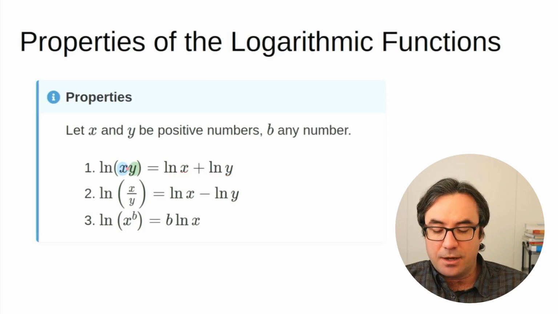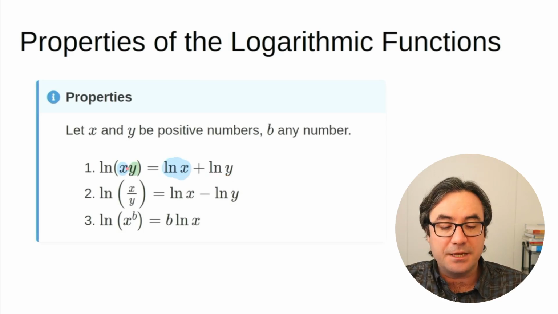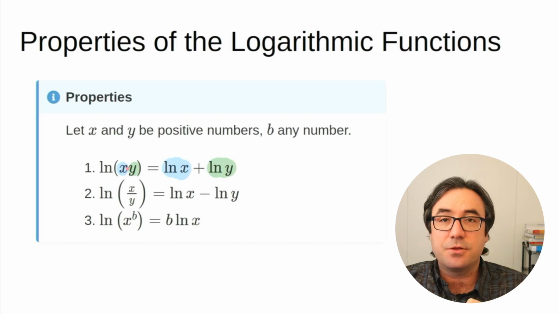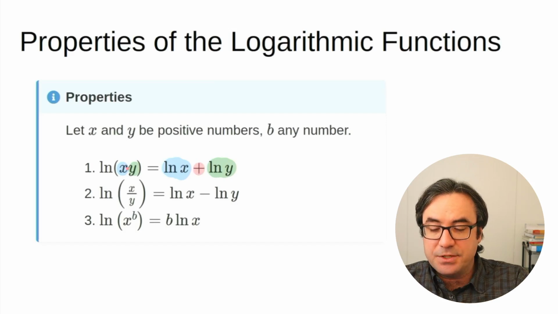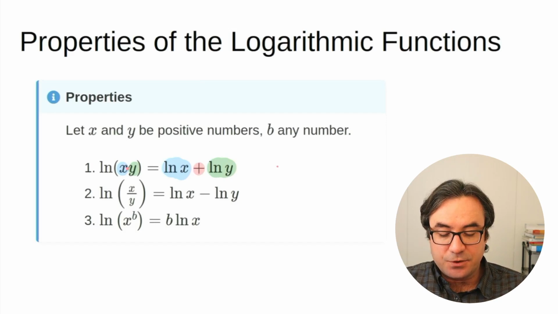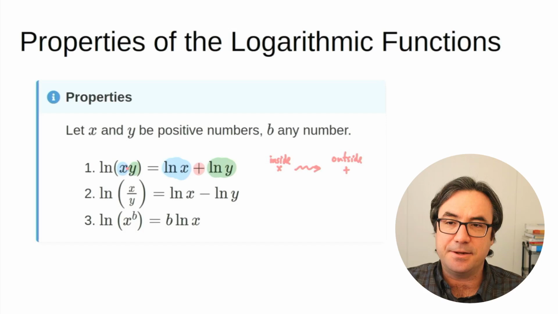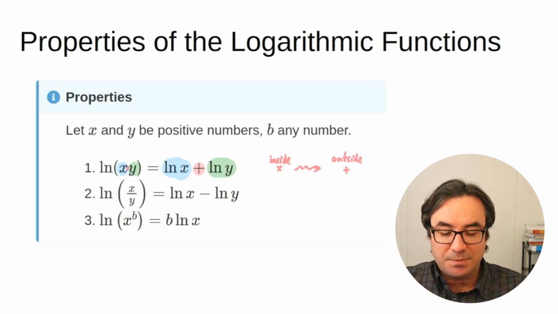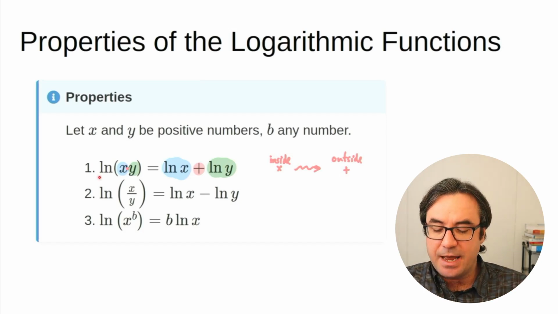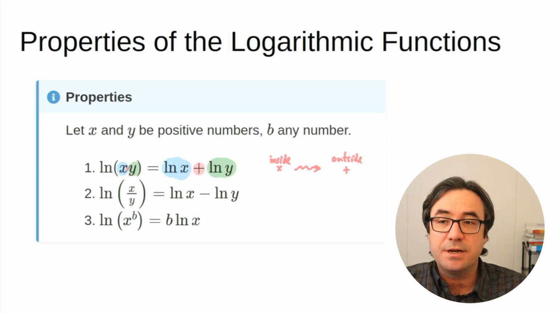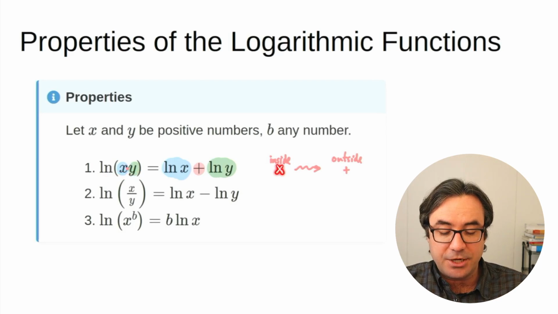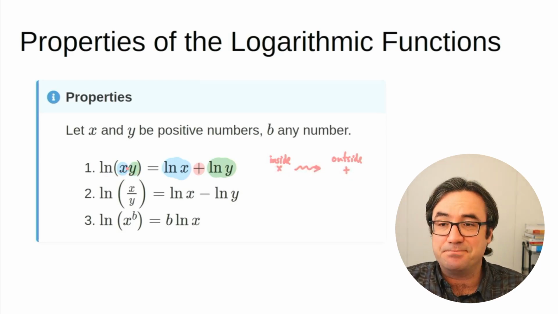So we get the natural log of just the x plus the natural log of just the y. So what happens in this case is we have multiplication that's inside, and it gets converted into addition outside. It's really nice. Multiplication's kind of a more complicated operation. So this algebraic property of our log function is essentially converting multiplication into addition.